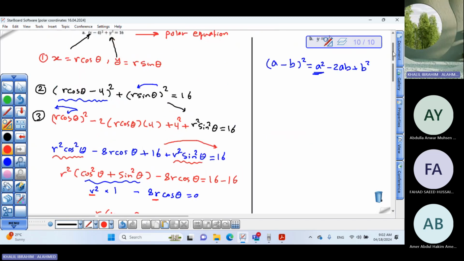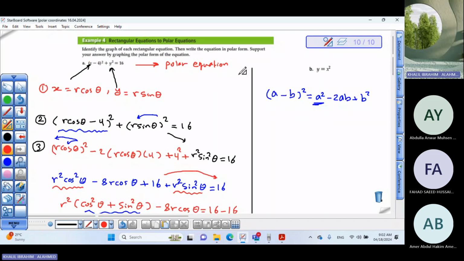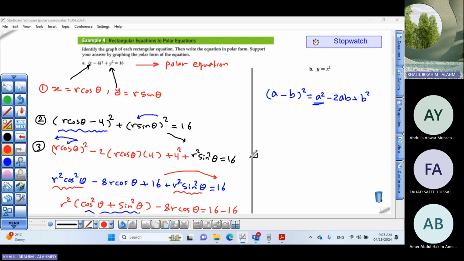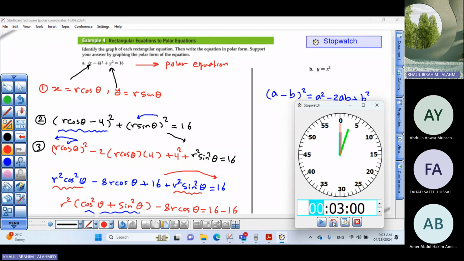Okay, let's move to the next question: y equals x squared. How to convert this rectangular equation to a polar equation in the same way? I will give you some time to solve this example. All of you should work. I will give you maybe 5 minutes, or 3 minutes. That's enough, I think, to try to solve this question.